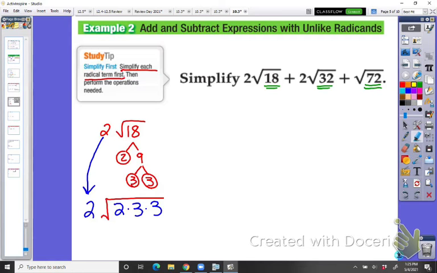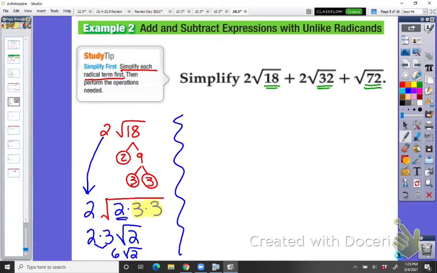You should notice we have 1 pair of 3's. That's like the square root of 9, which is a 3. So one of the 3's comes out, and the 2 that doesn't have a partner stays under. And then you can multiply 2 times 3. So this is 6 root 2. I'm going to replace 2 root 18 with 6 roots of 2.